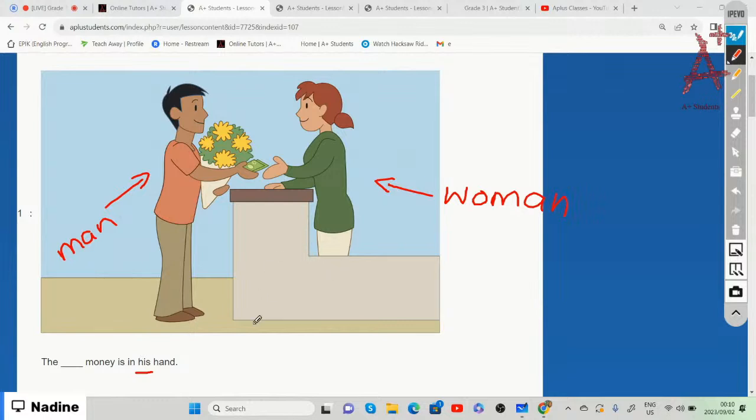So we are going to say the man's money is in his hand, which means that we're going to say apostrophe S to show that it is this specific man whose money is in his hand. Without the apostrophe, we would think it is more than one, even though the plural form of man is not man's, because the plural form of man is men.